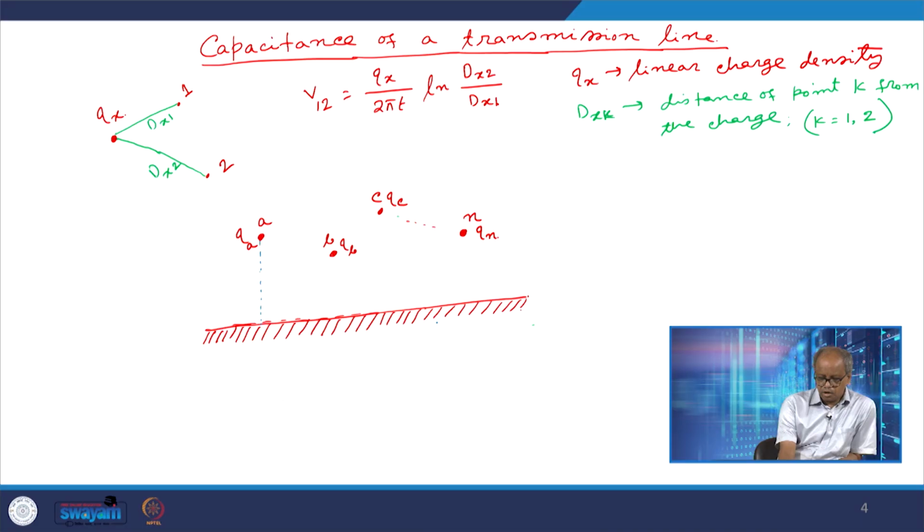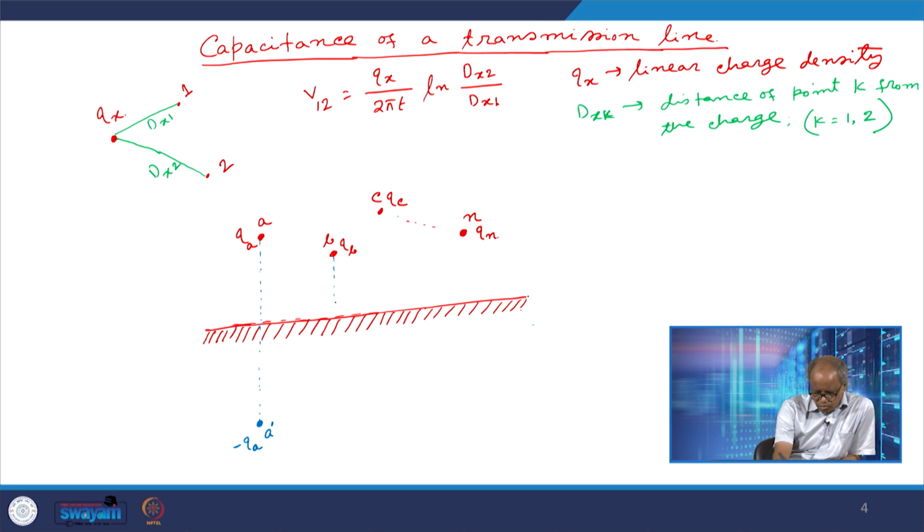So the location of this would be, say this is A dash, so this is minus QA. This distance is equal to this distance, because this is just the reflection. So we can consider that this point A dash is nothing but the reflection of point A with respect to the ground.